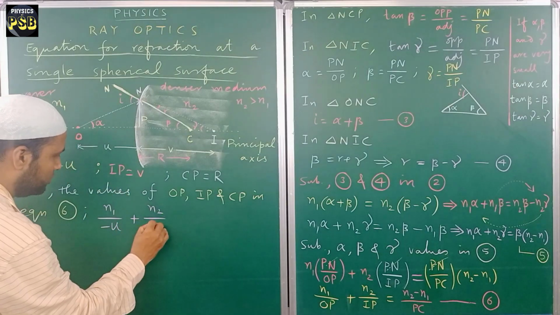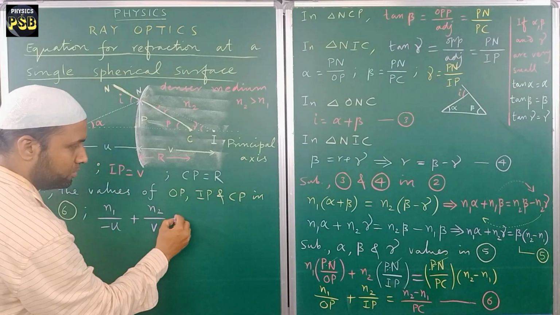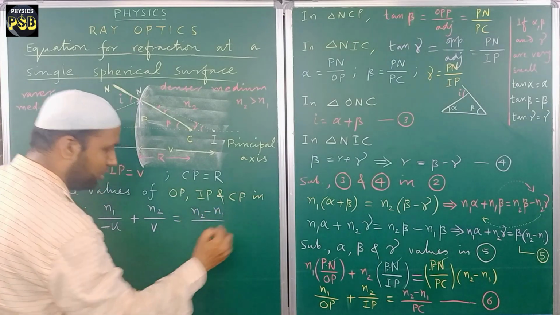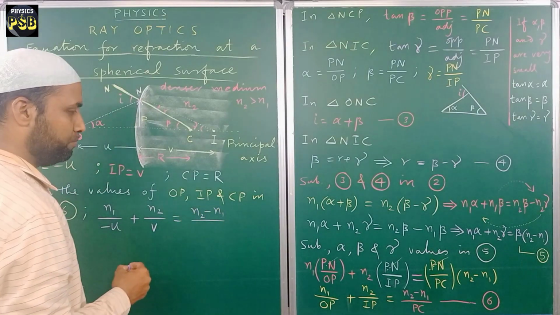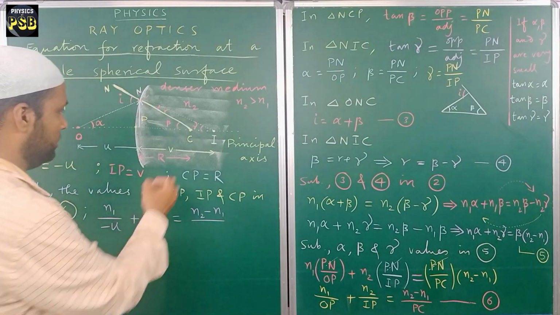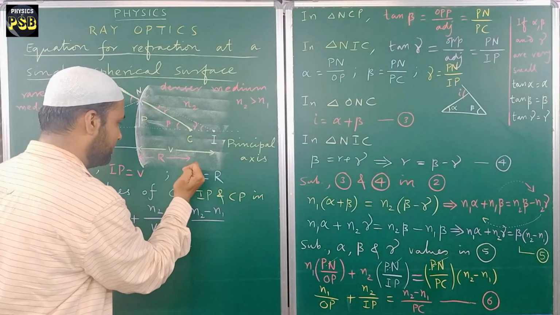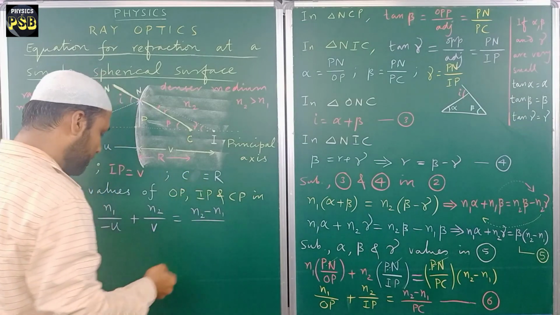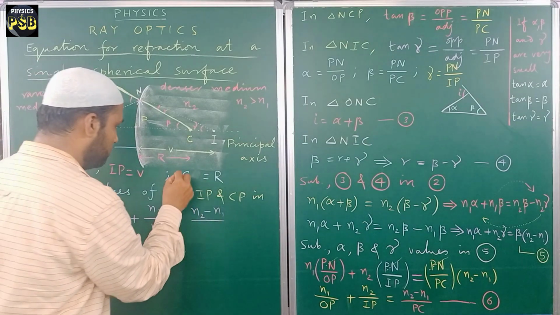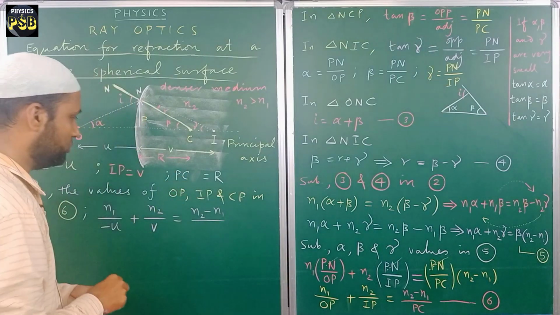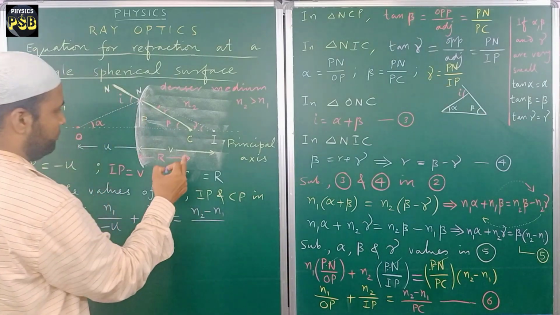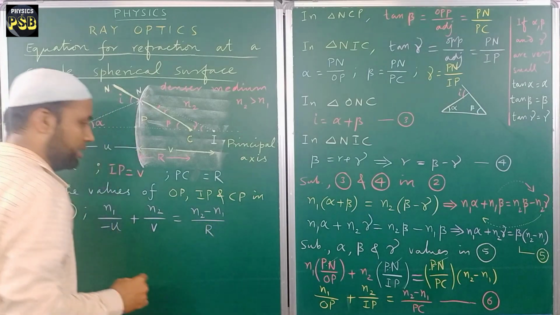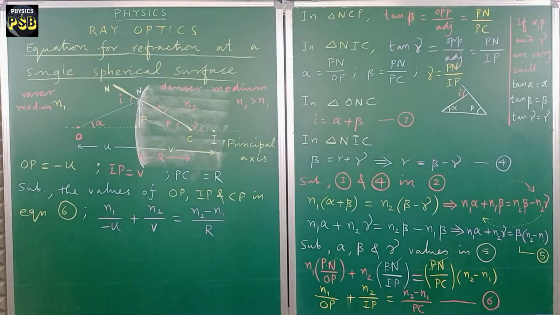What is the value of IP? IP is V, small v. Then it is equal to N2 minus N1 upon PC, according to this equation. So the value of PC is nothing but R. So this is what we obtain.